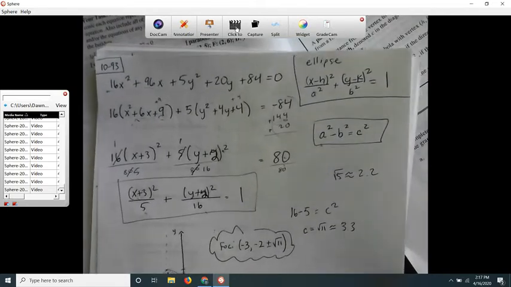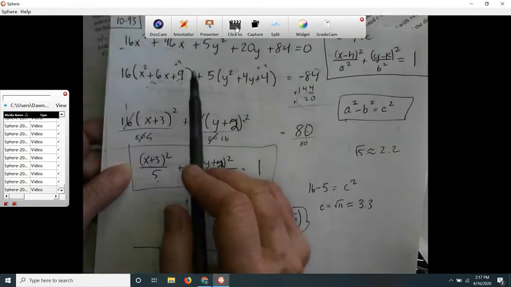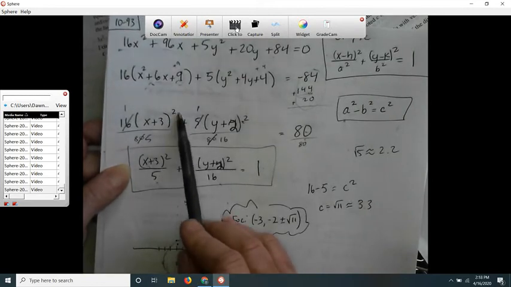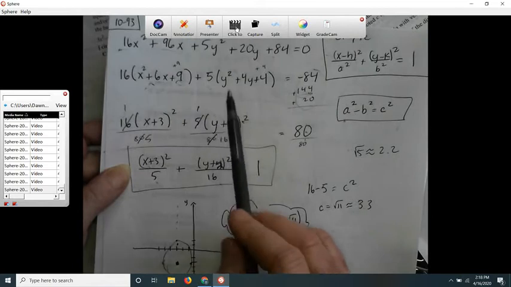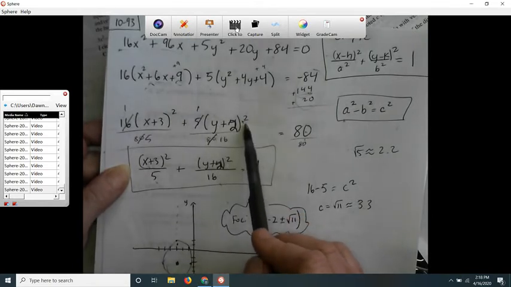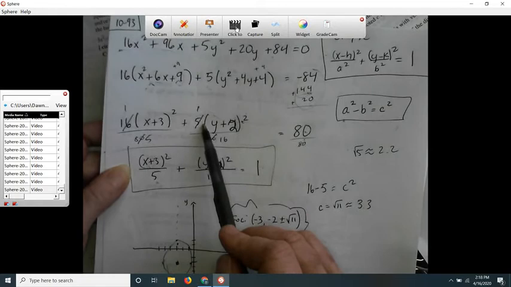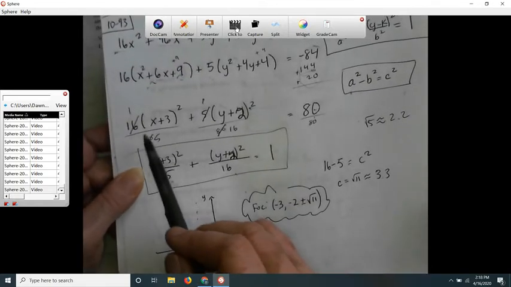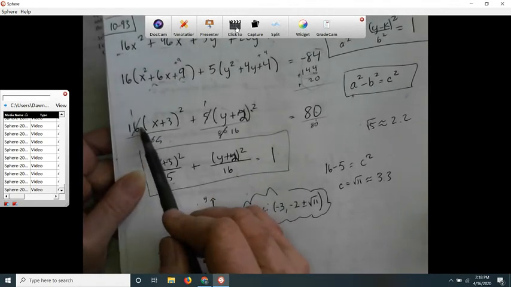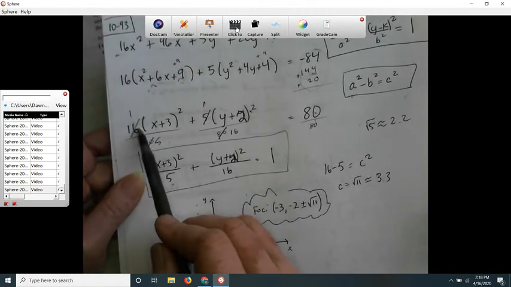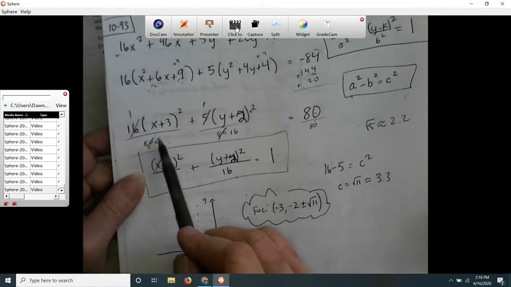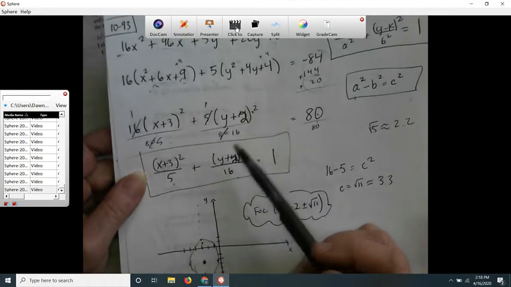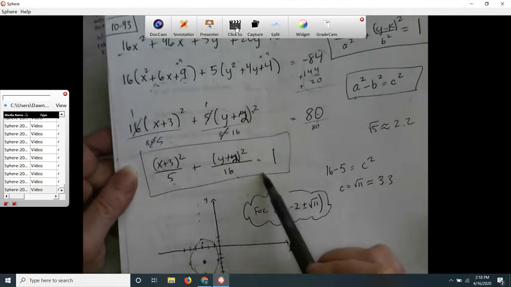And this right here turned into (x + 3) squared, because it's a perfect square now, and there's my 16. And then this turned into (y + 2) squared, and there's my 5. But when I divided everything by 80 to get the 1, I was able to do some fraction math. It turns out that 16 times 5 is 80, so 16 goes into itself once, it goes into 80 five times. That's where this 1 and this 16 came from.